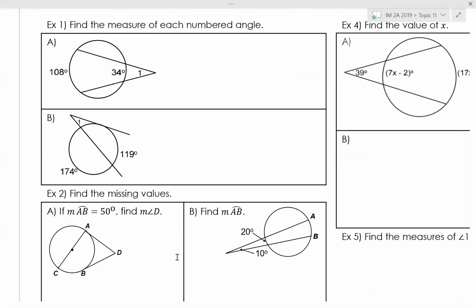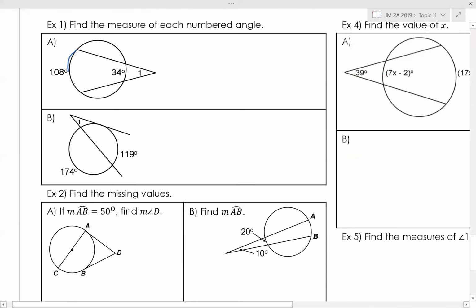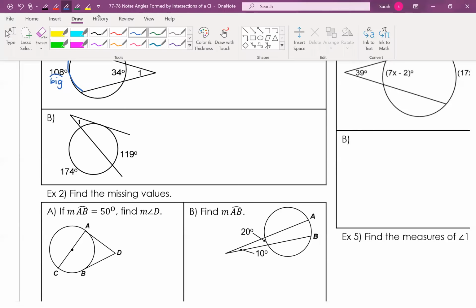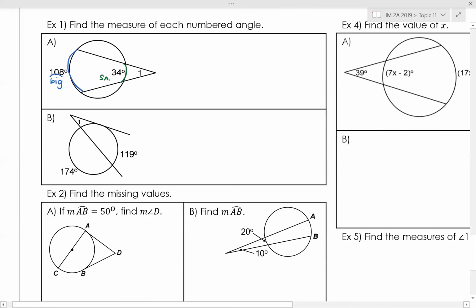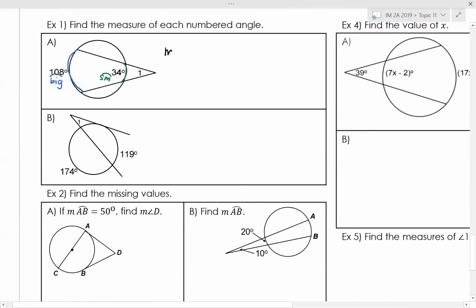Okay, so for this first one, we have two secants, and it looks like we have what we need. If I'm looking at this diagram, this is the big arc, and 34 then is the small arc. I'm just going to write SM. So to find the measure of angle 1, we're going to do big minus small divided by 2.